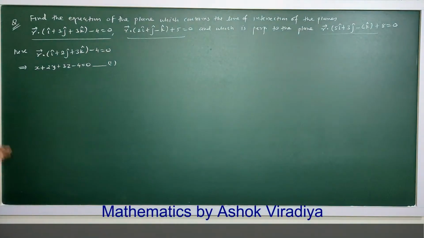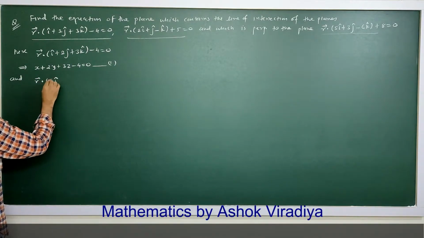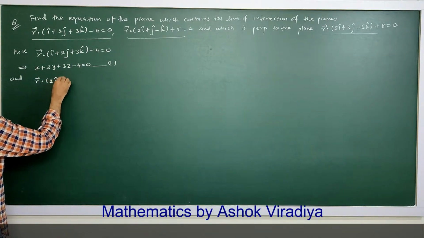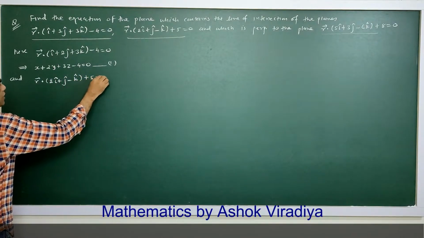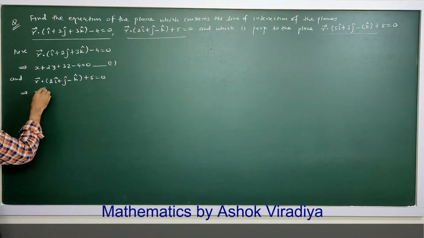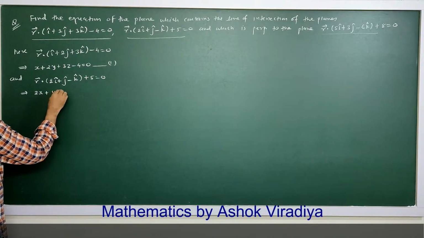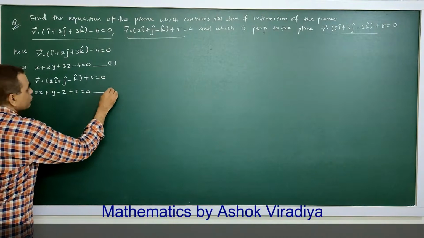This is equation 1. The second equation is vector r dot 2i plus j minus k plus 5 is 0. Converting this into Cartesian form, 2x plus y minus z plus 5 equal to 0.